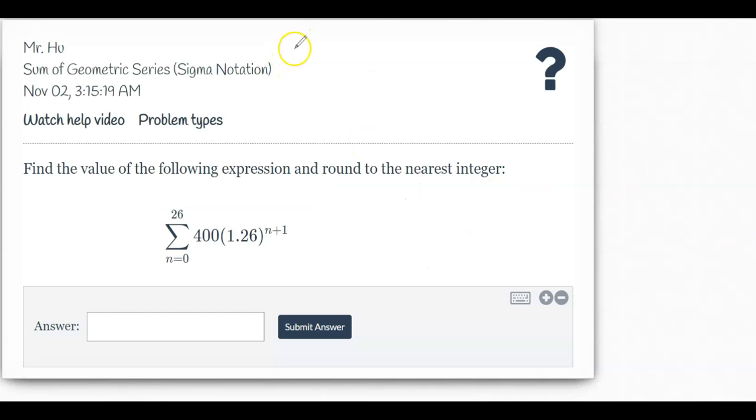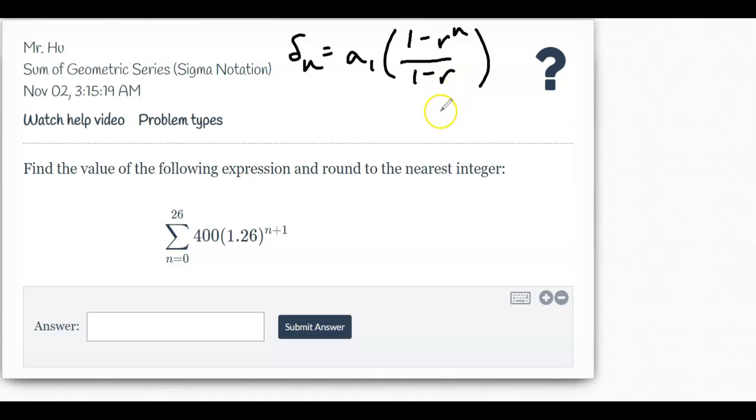Alright, so here we are with the geometric series with sigma notation once more. I'm going to write that wonderful formula I gave to you earlier. Whoops, sorry, I didn't mean to put n there. It was actually supposed to be a sub 1, times 1 minus r to the n over 1 minus r. So there's our formula one more time.